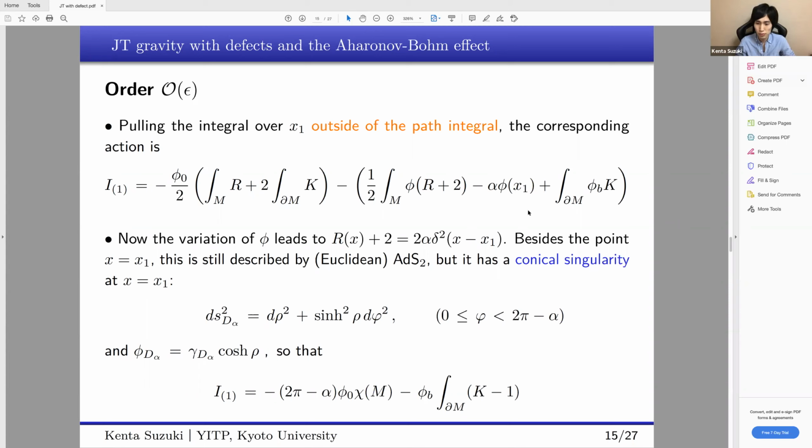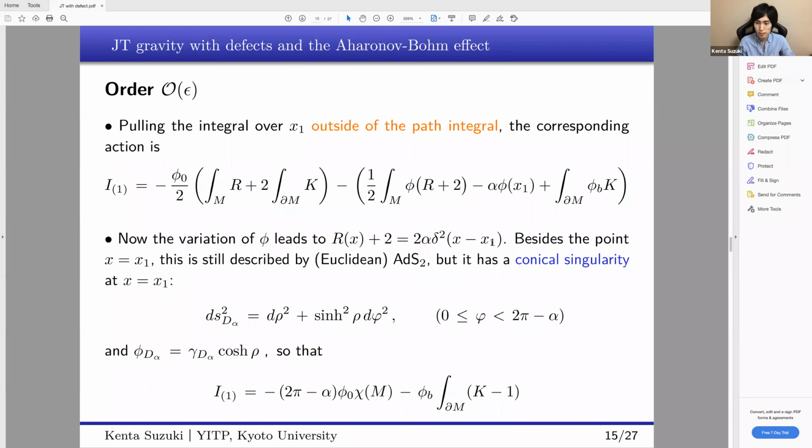Now, because of this insertion at x equal x1, the variation of phi leads to R plus 2 equal to some delta function contribution coming from this insertion.